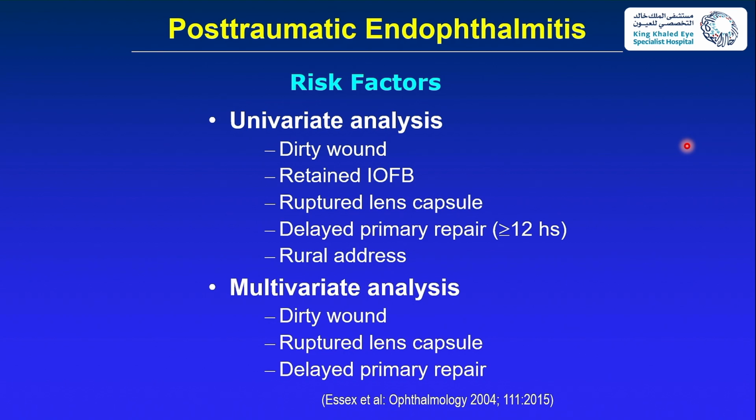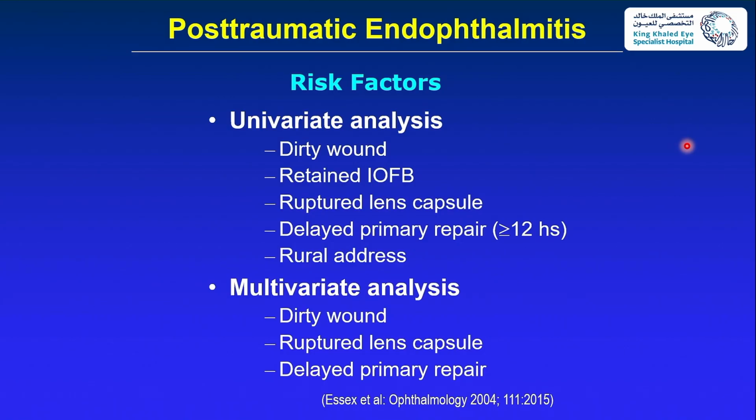Also retained intraocular foreign body, ruptured lens capsule, delayed primary repair more than 12 hours, and rural address. On multivariate analysis, the strongest risk factors were still dirty wound, ruptured lens capsule, and delayed primary repair.